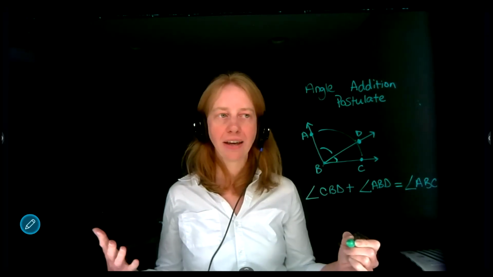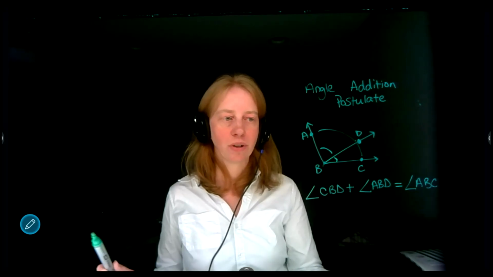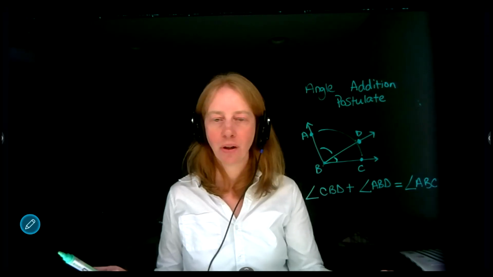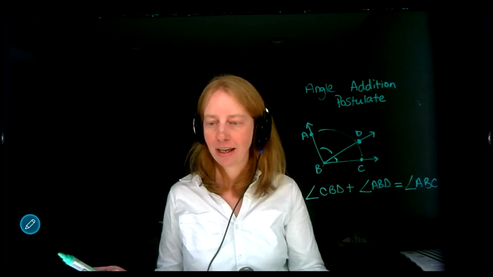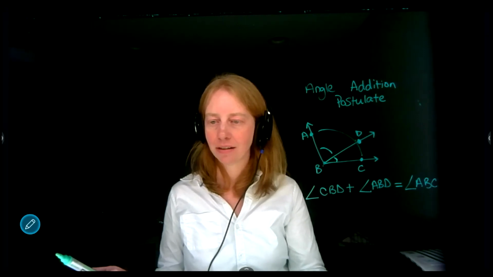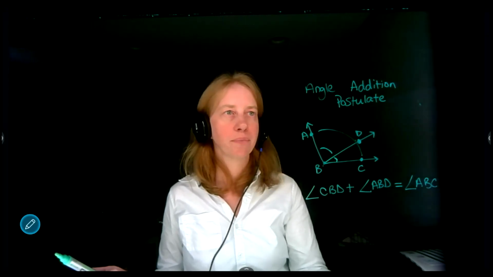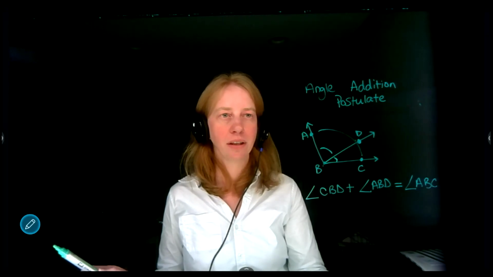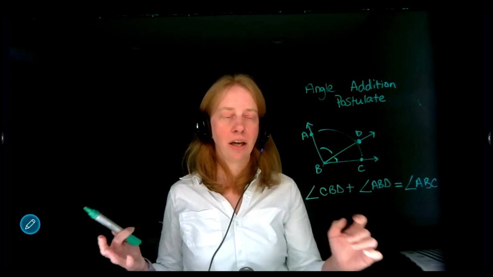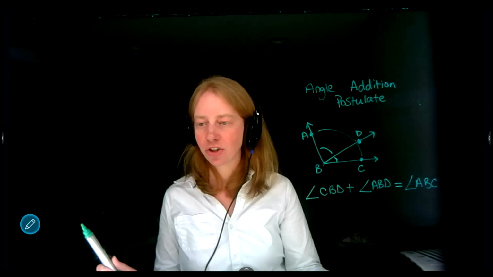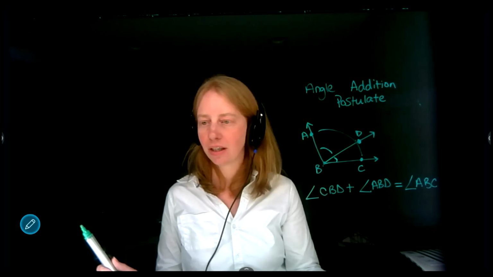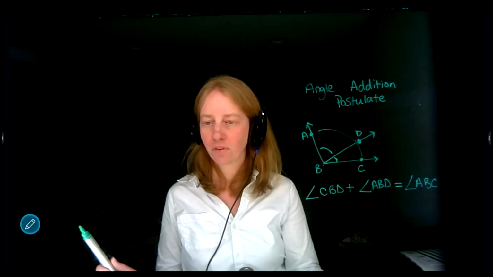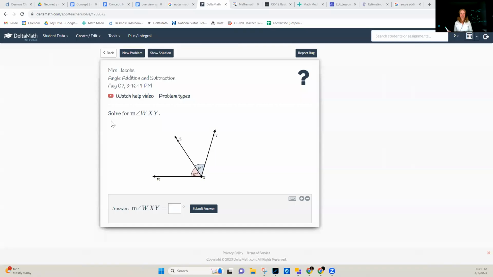Okay, and we can apply that by doing a little bit of math. So let me pull an example that I had up. All right, here we go. One example that we have, I'll share my screen so that you can see it, is this one. It says, solve for angle WXY.